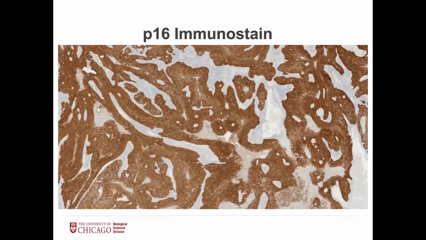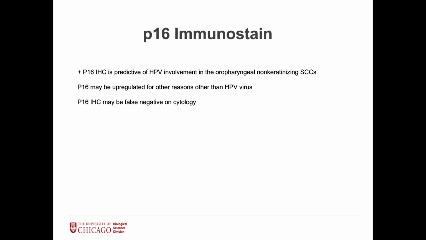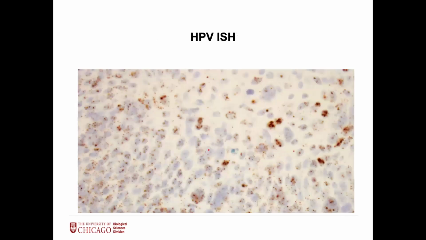So we do this. This is your perfect p16 result that you want to see, diffuse strong positive staining. And if it's not perfect, if it's equivocal, if your institution wants you to do ISH, if it's for a study, whatever, this is what HPV in situ hybridization mRNA results are going to look like.